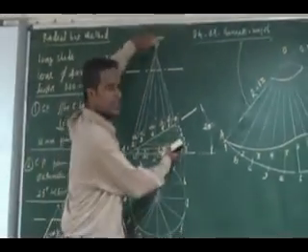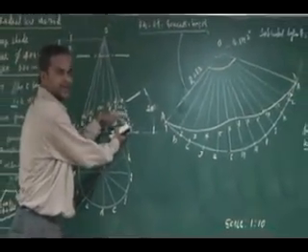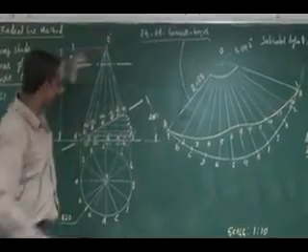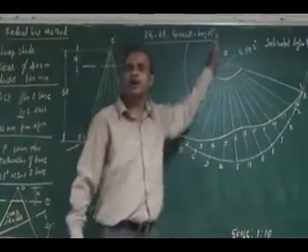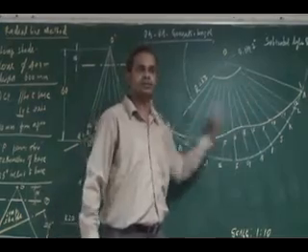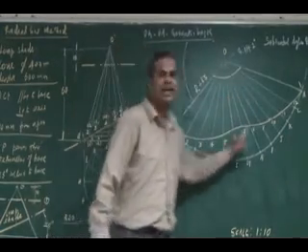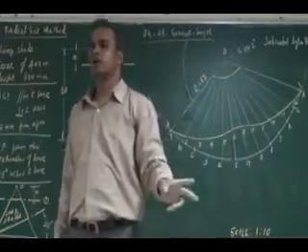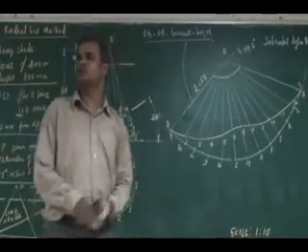Then you measure the cutting point distance from the apex or from the base. That distance has to be transferred on the corresponding generator in your development. Once you have transferred all the points, join the cutting points as a smooth curve, since it is a cone.